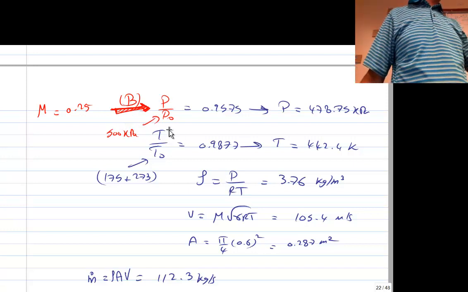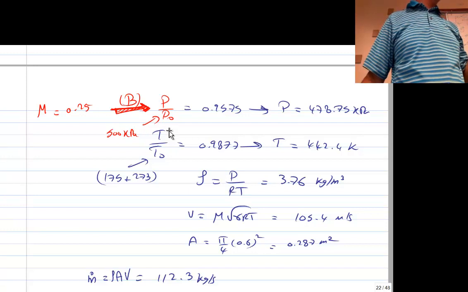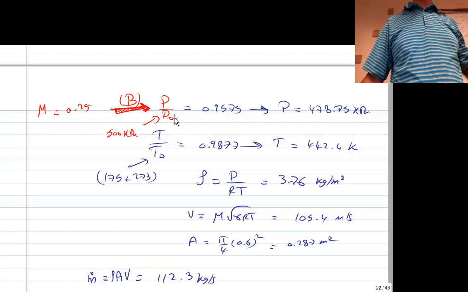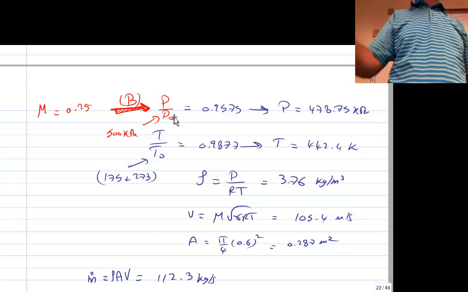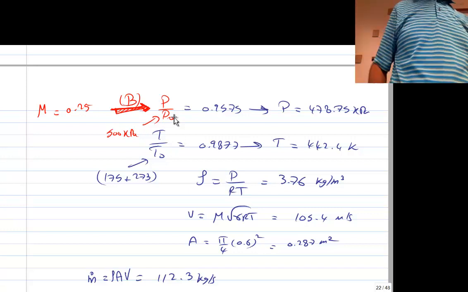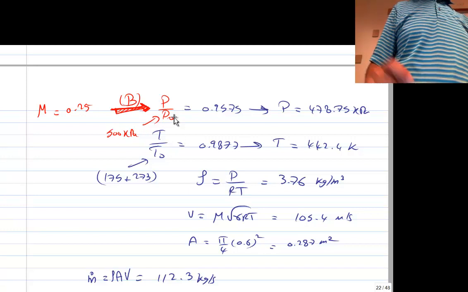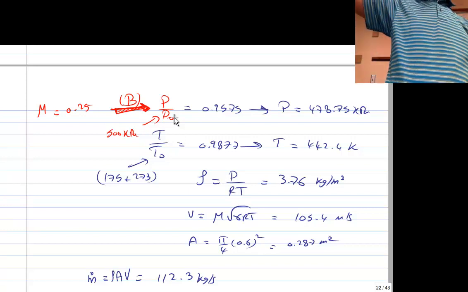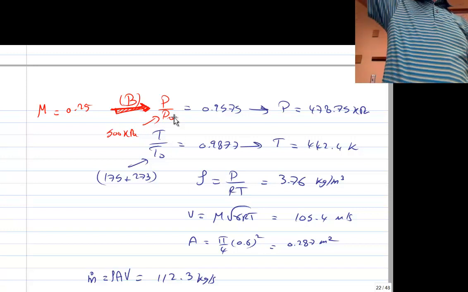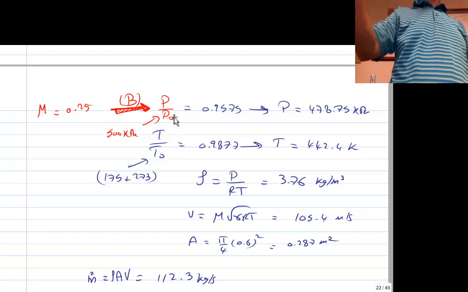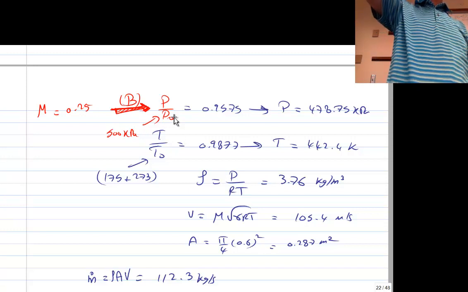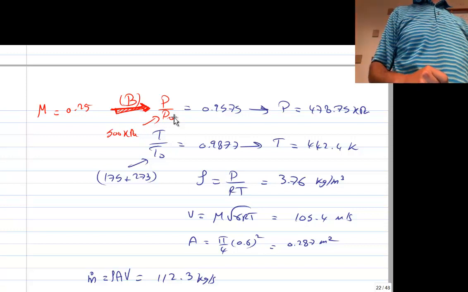When we are grading the quizzes and the homework, making an arrow like this and putting P on top of it is equivalent to writing the equation for P over P naught. It's equivalent to writing that P naught over P is 1 plus gamma minus 1 over 2 M squared, to the power gamma over gamma minus 1. You do all this by drawing an arrow with a P on top and saying P over P naught equals this.